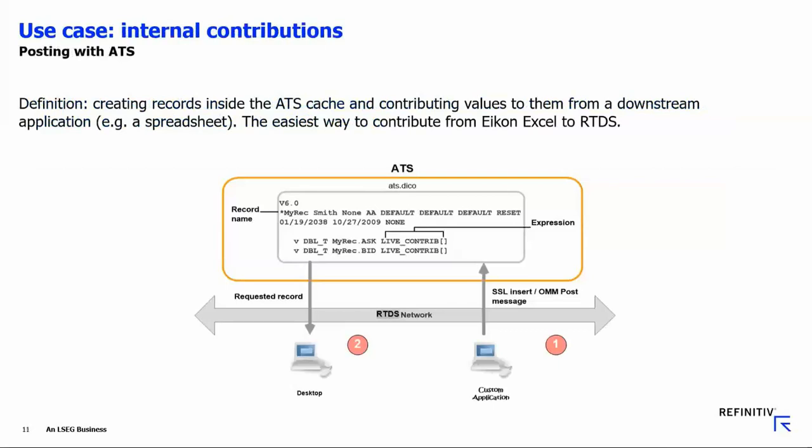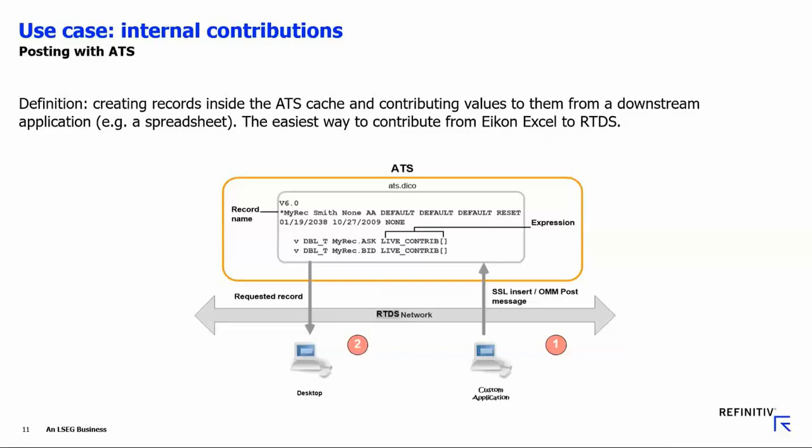So the next use case I will go over is internal contributions. The figure shows how ATS manages contributions. ATS allows you to automatically update fields in records by sending requests from RTDS or sync applications. This update is called an internal contribution.